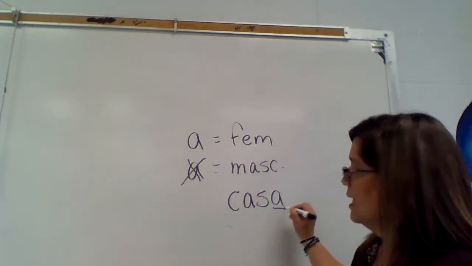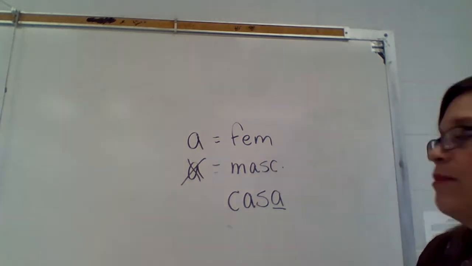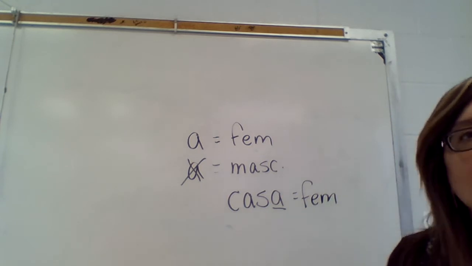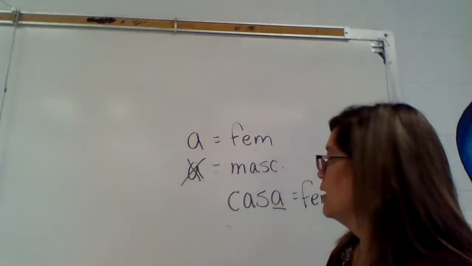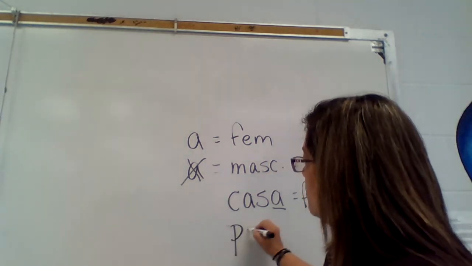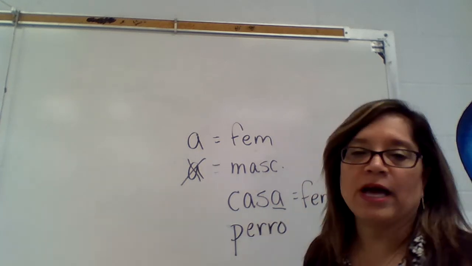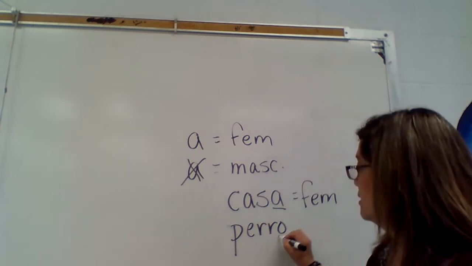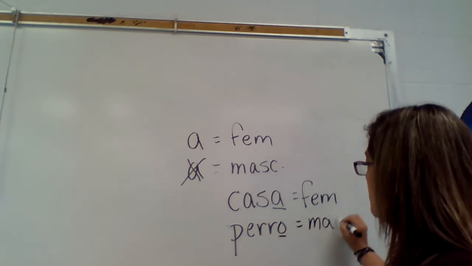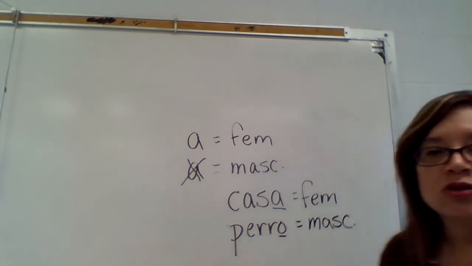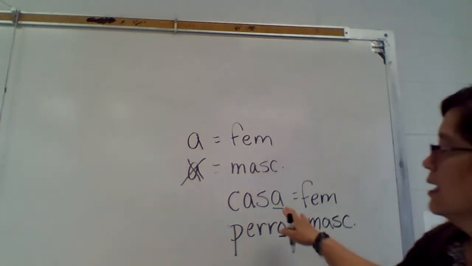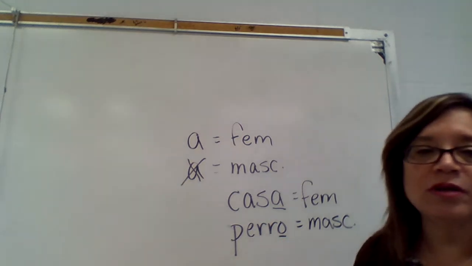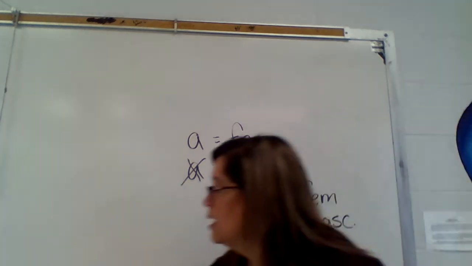By looking at the ending, I know that casa is a feminine noun because it ends with an A. Now, if I say as an example the word perro in Spanish, because it ends with something that is not an A, definitely is going to be masculine. So, very simple rule. Casa is feminine because it ends with an A. Perro is masculine because it ends with anything that is not an A.